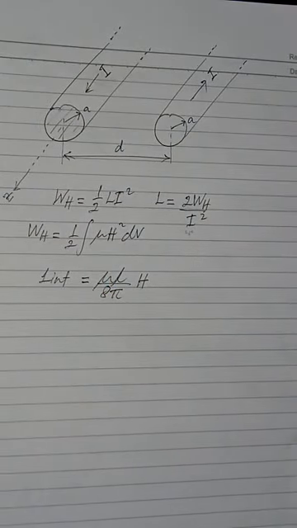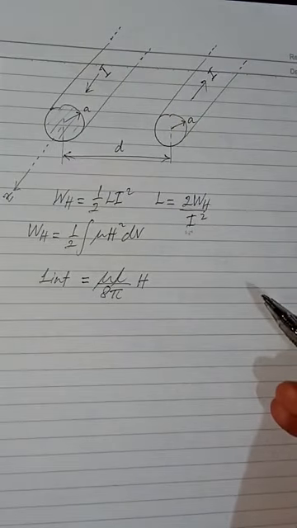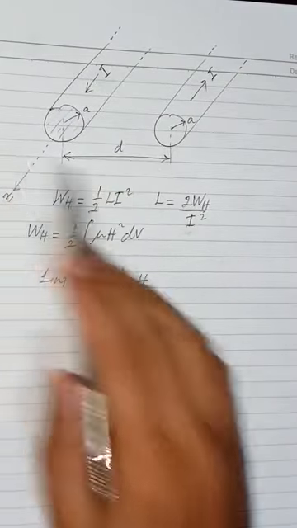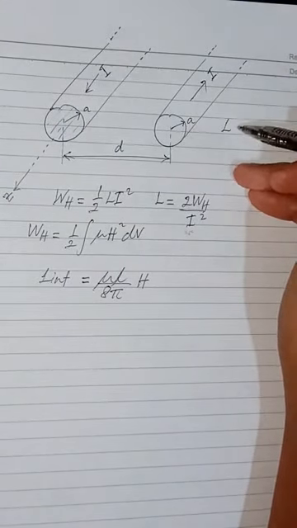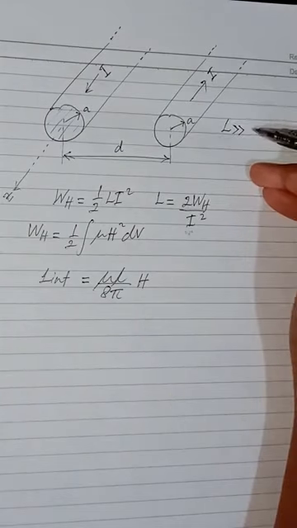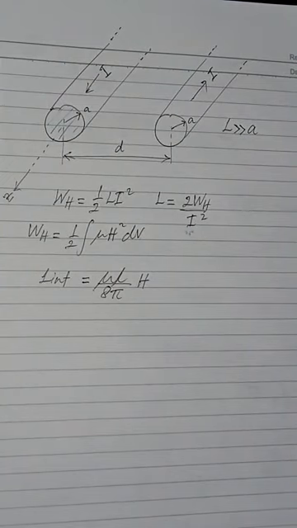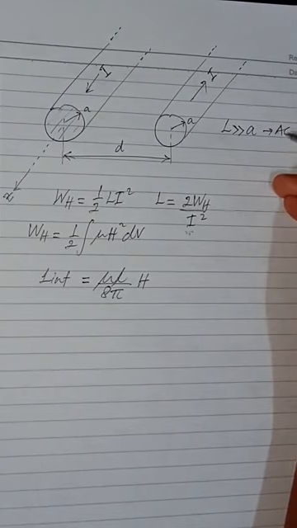Now let's find the H field that exists outside of the wire. Since we assume the length of the wire is much larger than the radius of the wire, we can treat this as an infinite case, whereby we can simply apply Ampere's circuital law to get the H field.